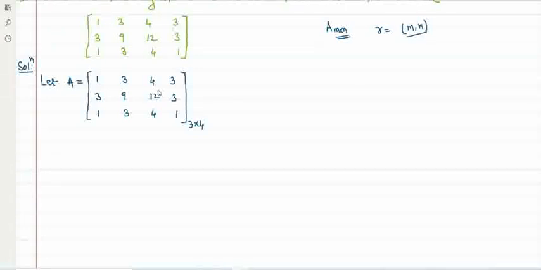Okay, for your understanding, I will write one more matrix. Suppose A is a matrix 1, 2; 3, 4; 1, 2. Now, in this case, the order of the matrix is 3 by 2. What is the lower number from m and n? Correct, Yogesh.